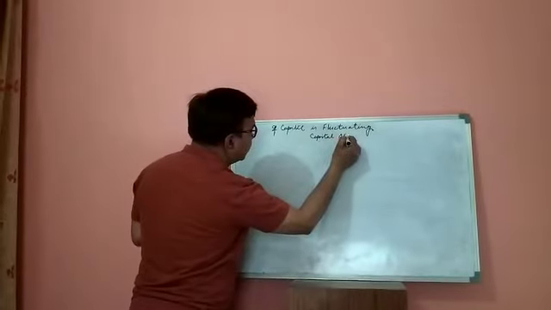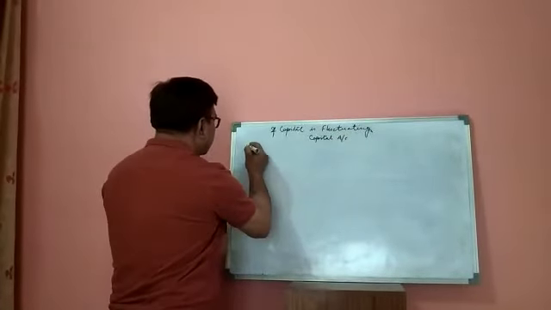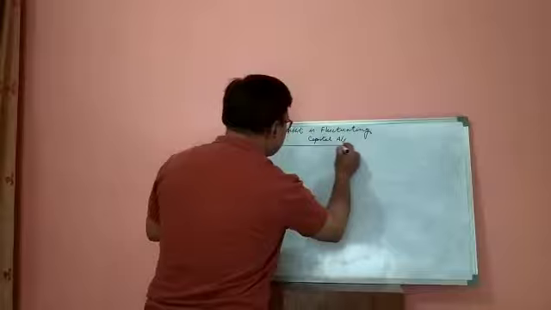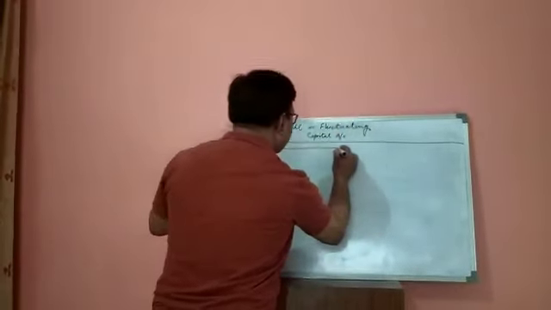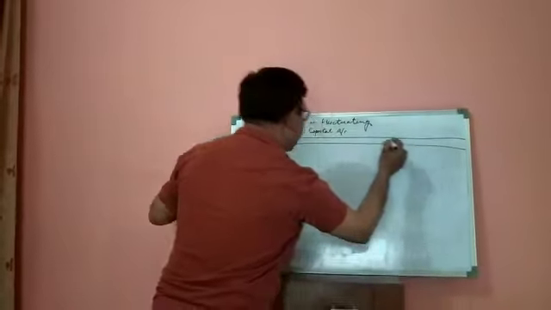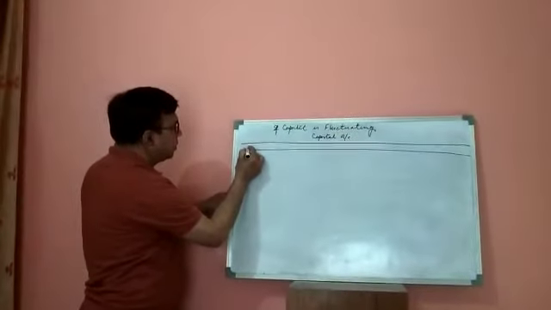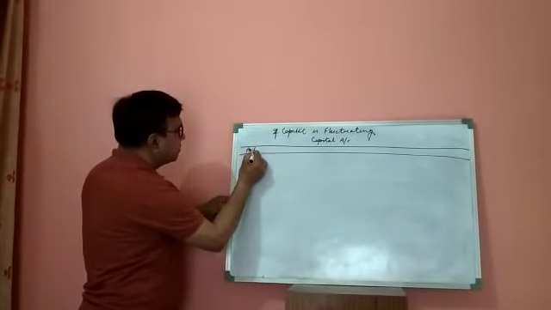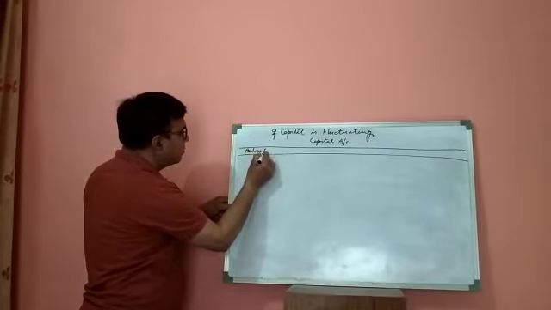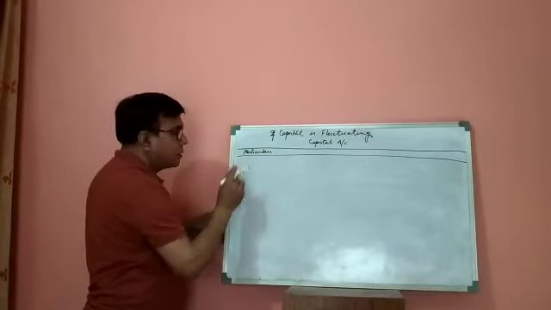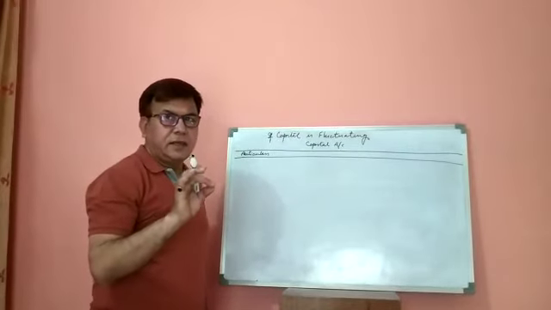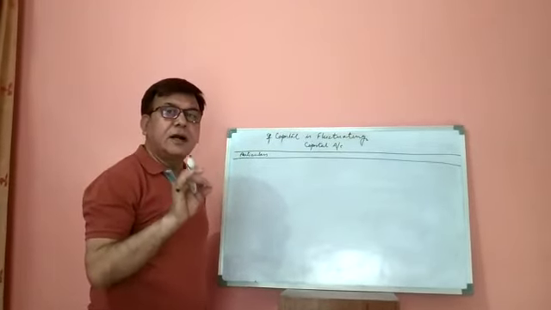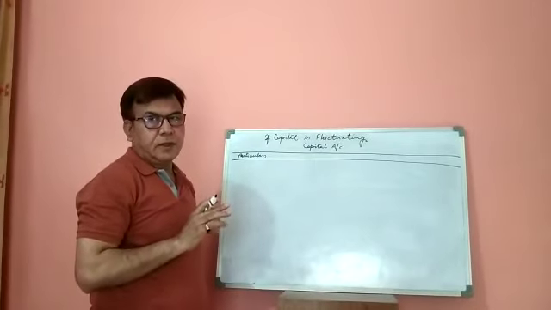Capital account, right? Same way, particulars. One thing I should tell you, sometimes, rarely, we have to make a date column also.